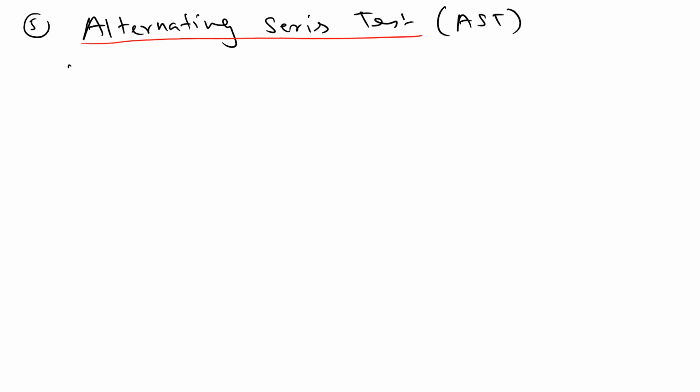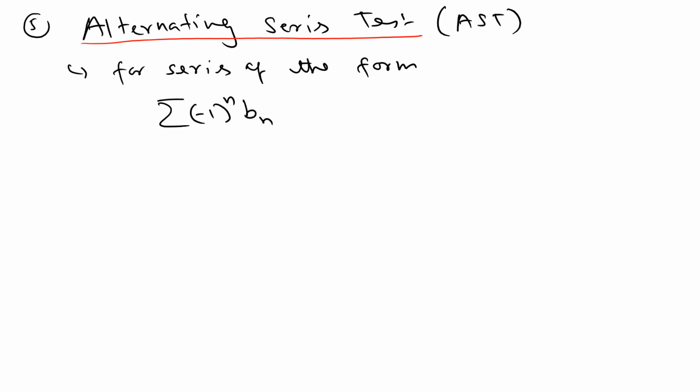So, we're going to use this for series of the form negative 1 to some power times bn. It has to be of this form, where bn is positive or 0.